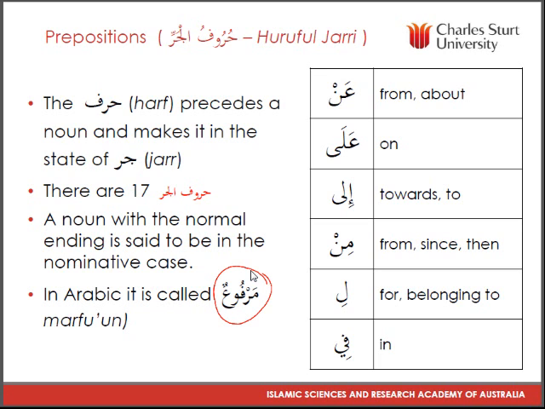Hulwatun, we were saying. They were always in a state of raf, which is dhamma. But in these examples you will see that when I prefix this letter, these prepositions, in front of a noun, the ending directly changes to kesra.